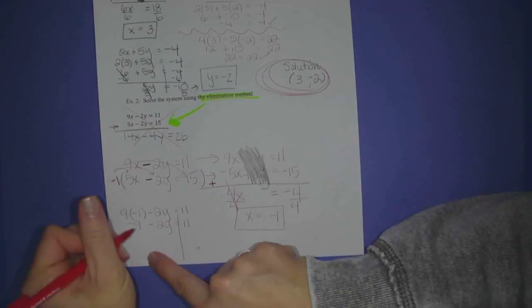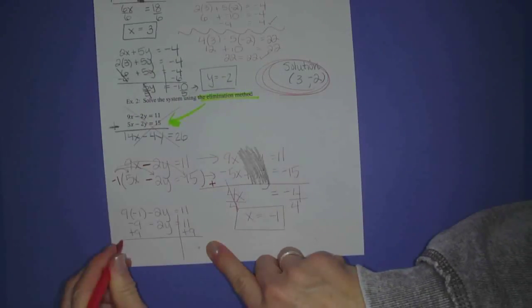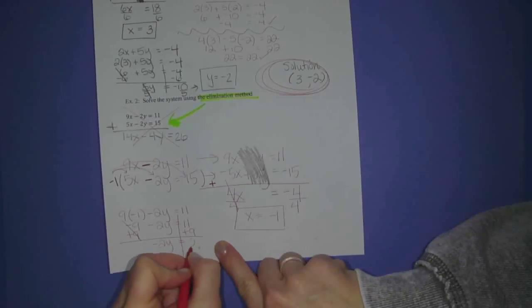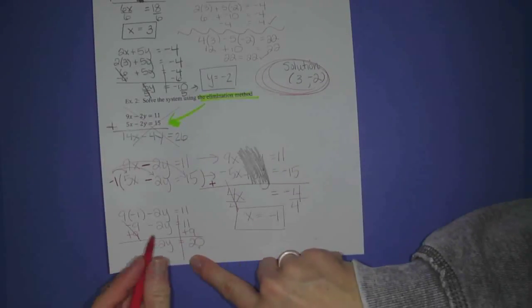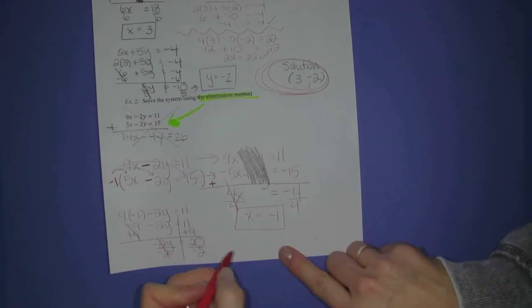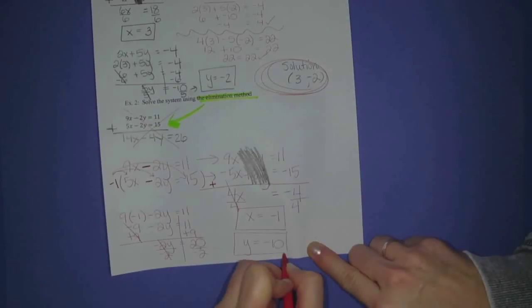Solving this equation, I'll start by adding the 9 to both sides. So that gives me negative 2y equals 20. And I'll finish it by dividing by negative 2, both sides. So my y will be negative 10.